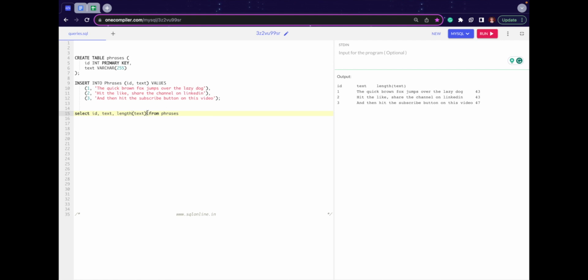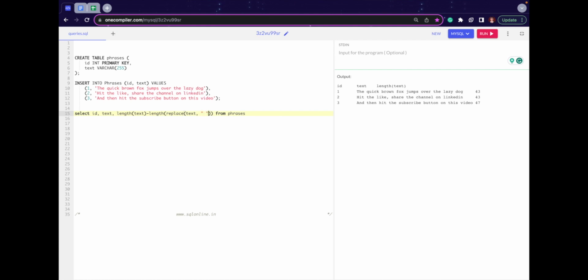Now let us subtract another function of text where we have removed the spaces. Length, replace, text is the column name. What is it that you want to replace?